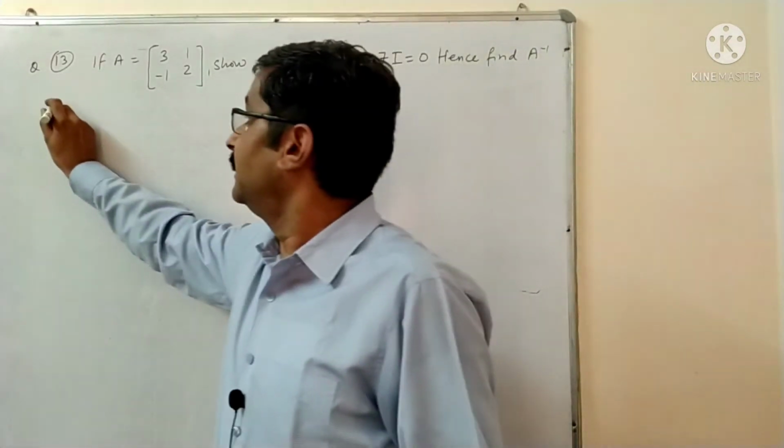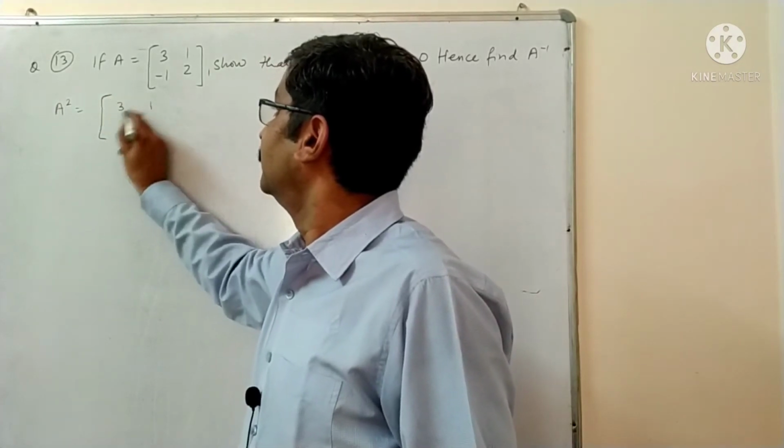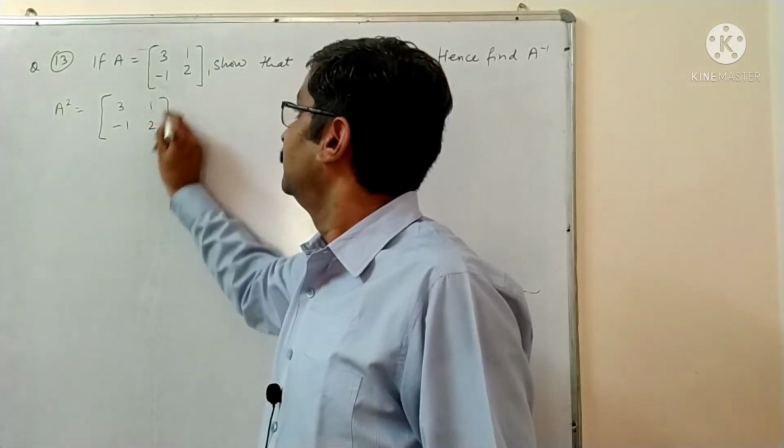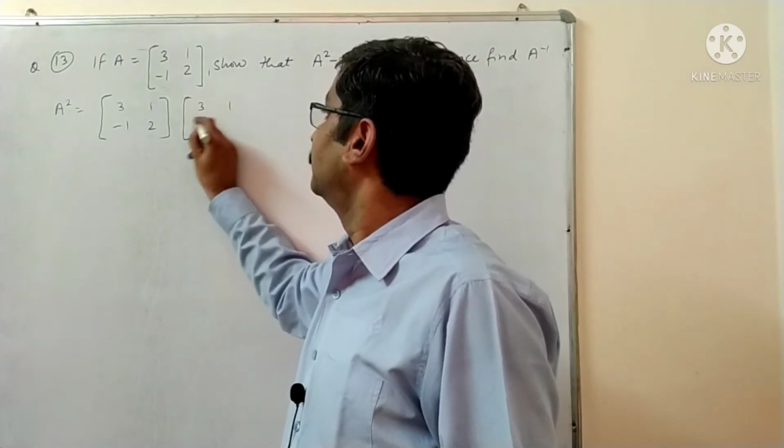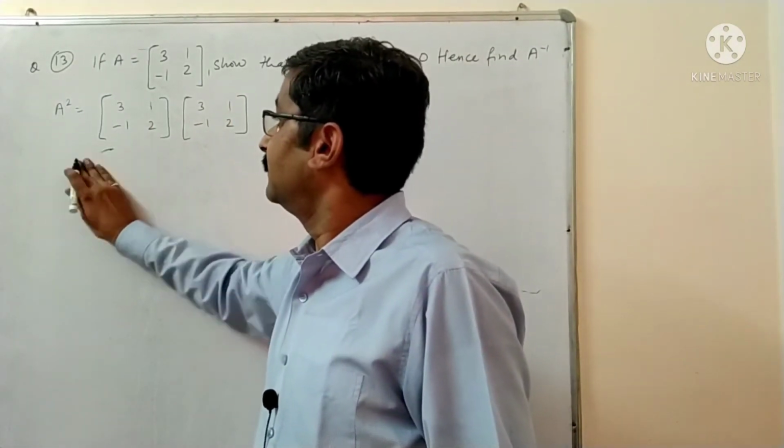So first you find A square. A square means A into A. 3, 1, minus 1 and 2, times 3, 1, minus 1 and 2. Okay. We multiply this. What we get here?